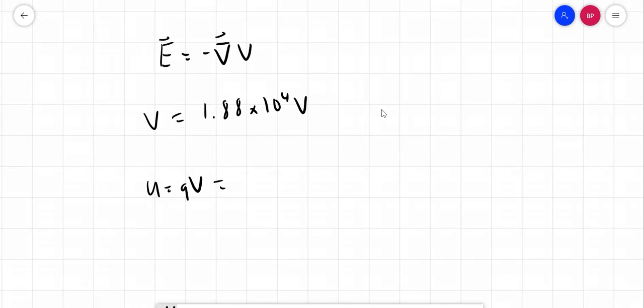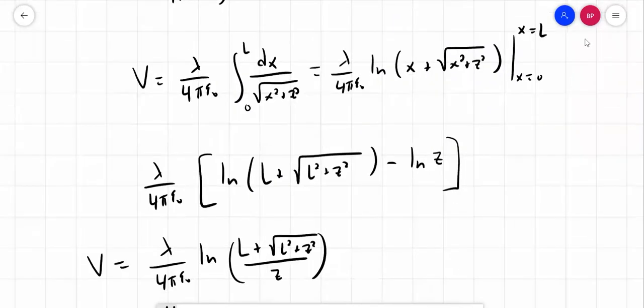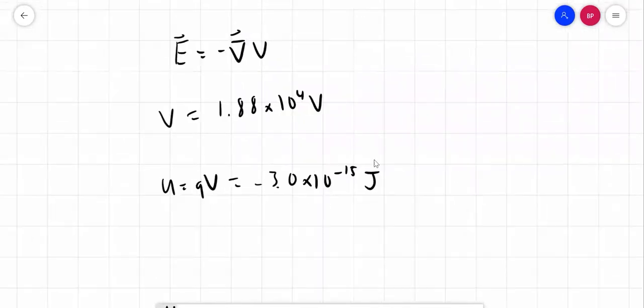So this will give us a negative number, negative 3.0 times 10 to the negative 15 joules. Okay, it's negative because we have this positive charge distributed over this line, and we have a negative charge here. So it's attracted to the line. And so the potential energy is negative.